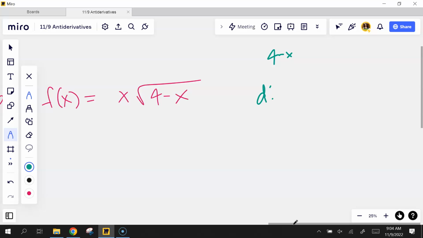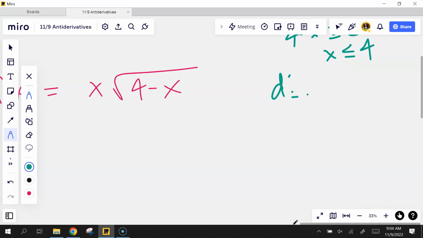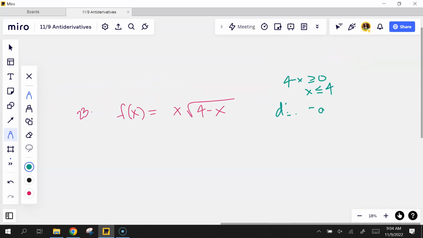If I subtract 4, divide by -1, flip that sign, x is smaller than 4. Because whatever's under that radical can't be negative, I can't be in imaginary land. But it could be 0. So I now know I'm working with a domain smaller than or equal to 4.